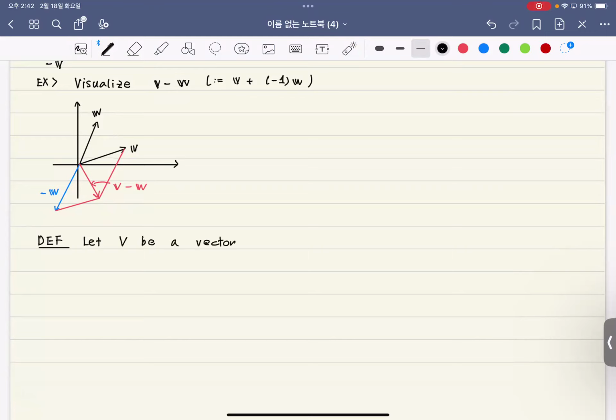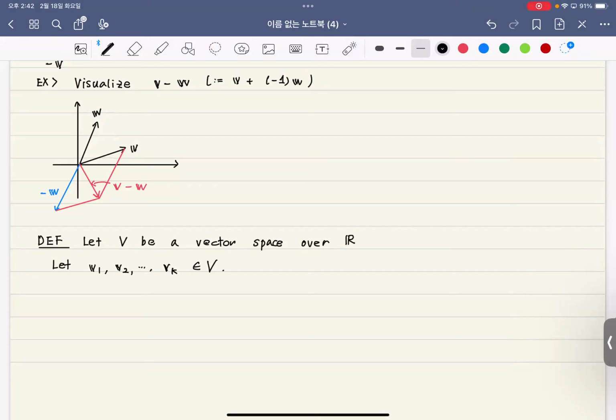Now, suppose that I have some vector space over R. And I have chosen k vectors, v1, v2, and so on. Suppose that I have chosen k vectors from the vector space V.